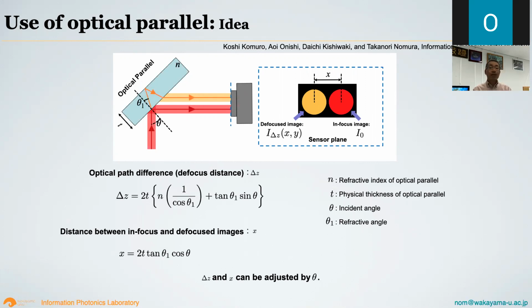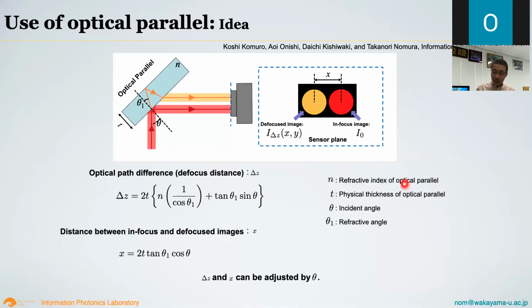So we can obtain in-focus and defocus images simultaneously without image sensor scanning, like this. The optical path difference, the defocus distance delta z, is given by this equation.